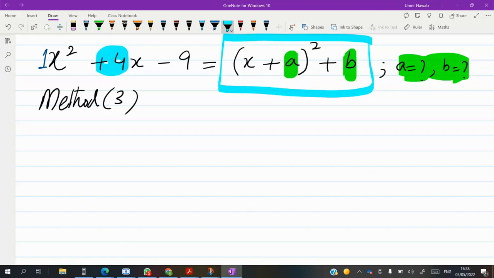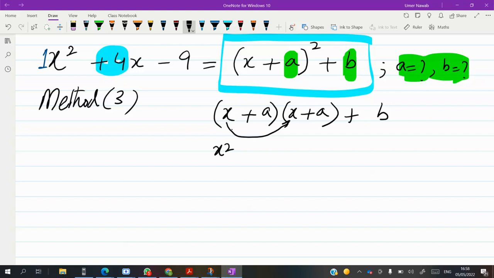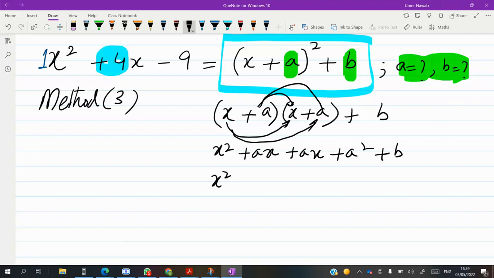Completing the square form, we need to expand it, if the students are good at expansion of brackets. So x plus a, I will write it two times because it is x plus a whole squared, so the same bracket is multiplied two times, plus b. x times x is x squared, x times a is ax, then a times x is ax, and then a times a is a squared, plus b. Simplified further: ax plus ax is 2ax plus a squared plus b.